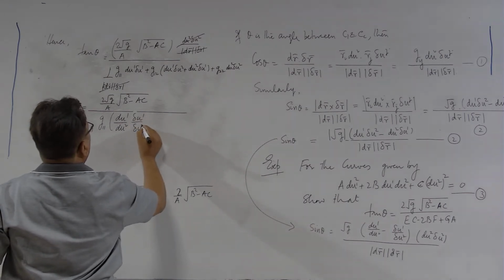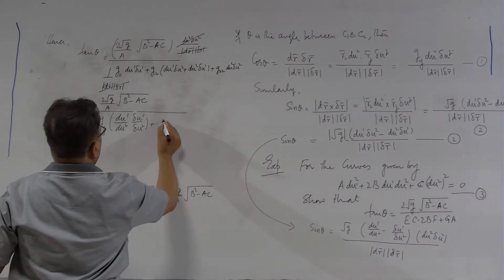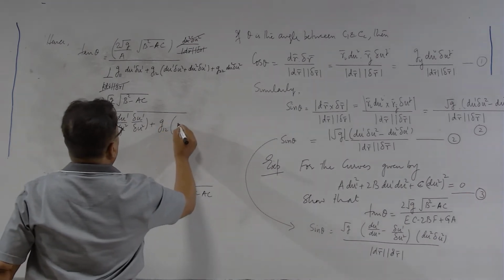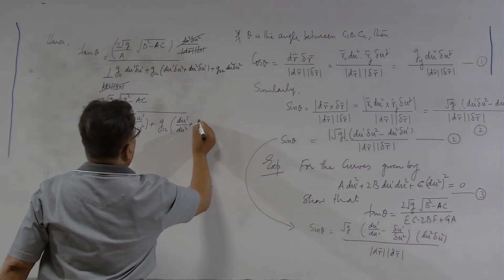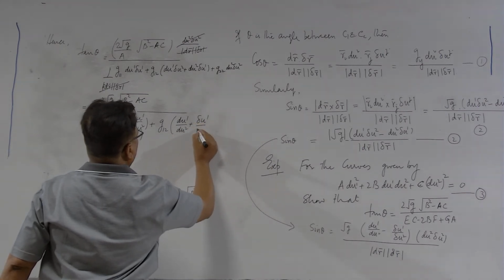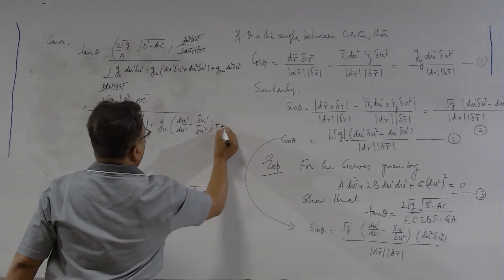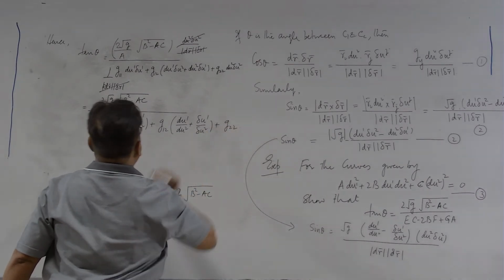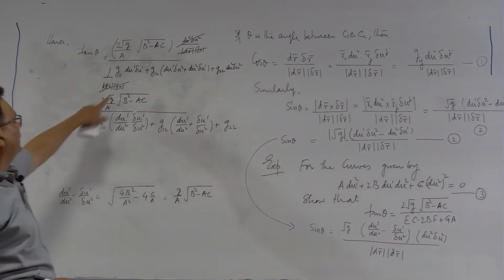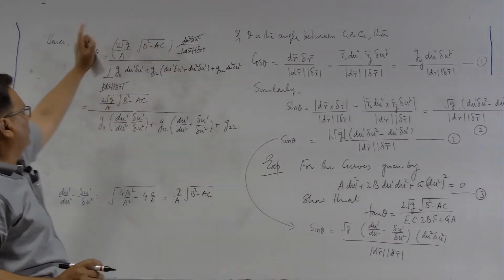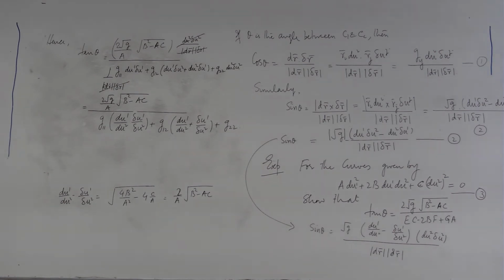And plus g12 into du1 over du2 plus delta u1 over del u2, plus g22. du2 into delta u2 has been cancelled out.